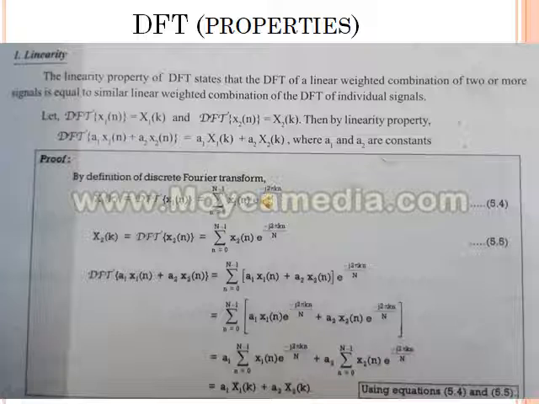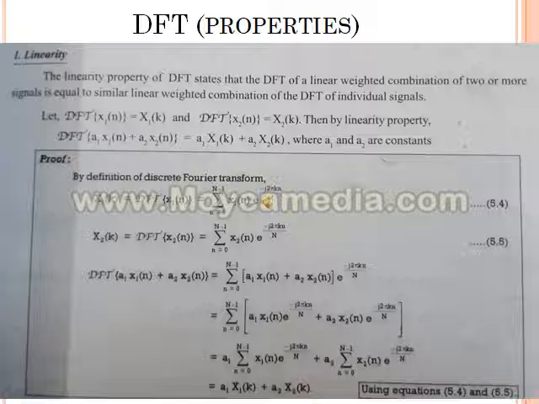Now we combine these two signals and also multiply them by scalars, a1 with x1(n) and a2 with x2(n). We add both inputs, multiply them by different scalars, and take the DFT.